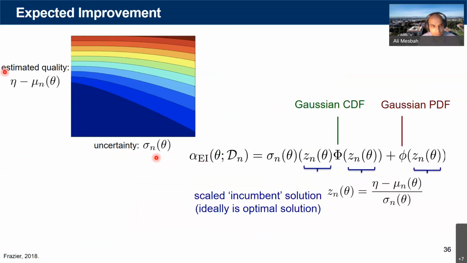The expected improvement acquisition function essentially trades off the quality of your estimate, that is the difference between your current best or incumbent solution, denoted by eta, and the mean and the uncertainty. So this mu and sigma are established from your surrogate model, right? And really what you want to do is maximize this acquisition function.